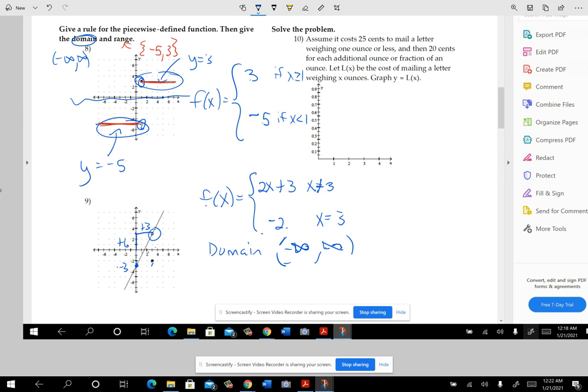But if you thought about the range and you smashed all these over, you'd have this coming to here with an open circle, and then all of that would be defined. So there's a missing spot at 3. So -infinity to 3, then keep going from 3 on.